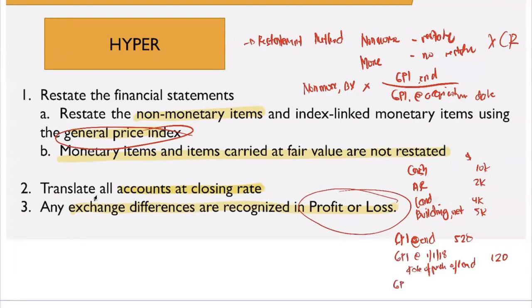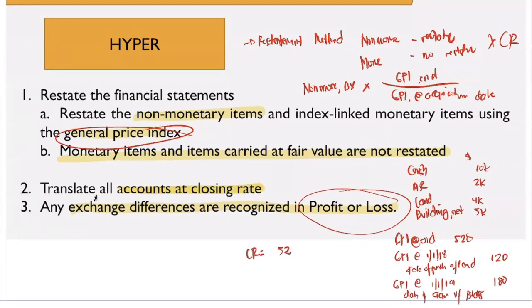And the GPI at 1/1/19, the date of acquisition of building, is 180. The closing rate is 52.